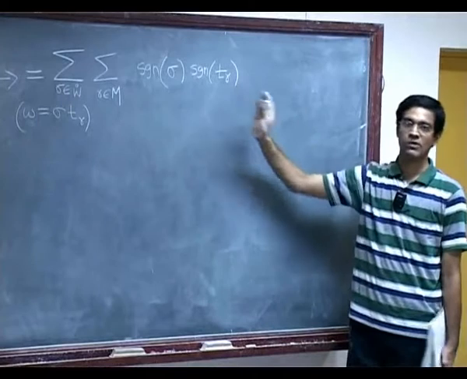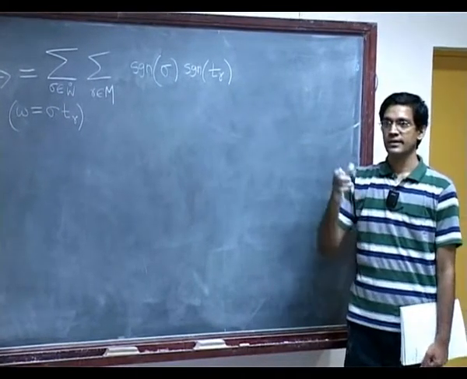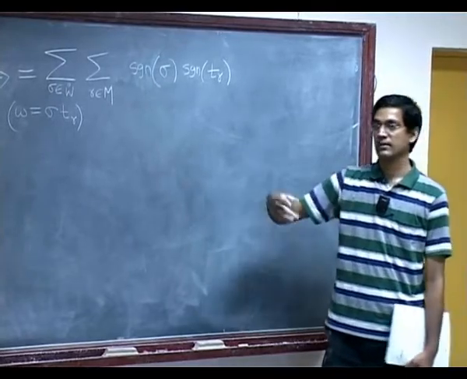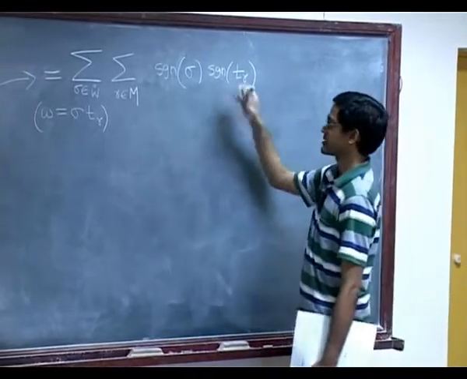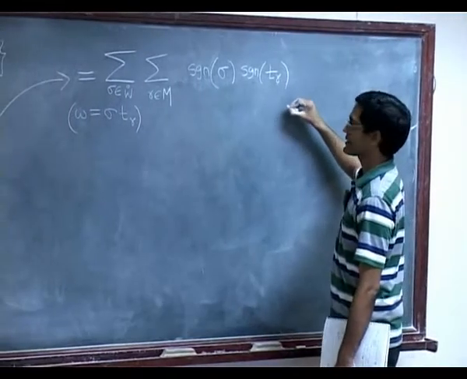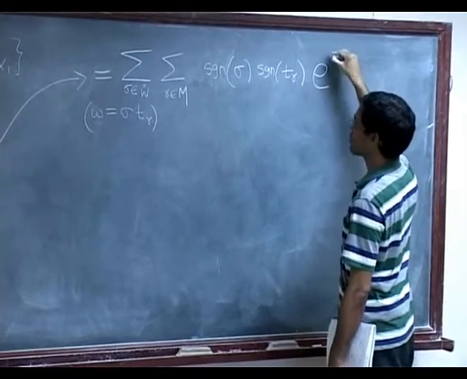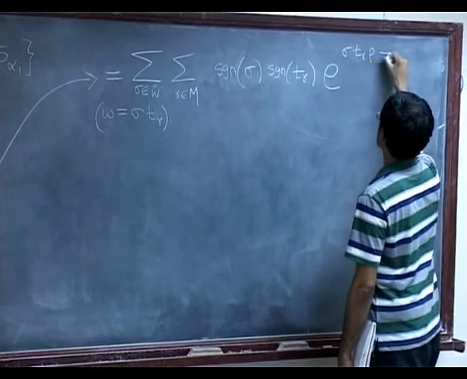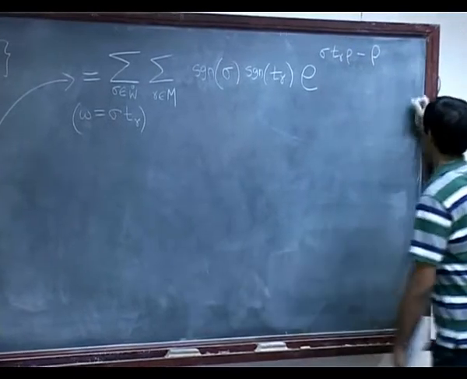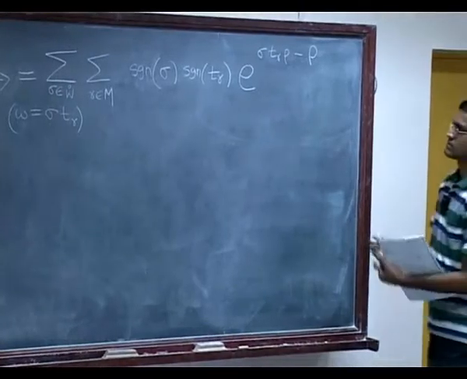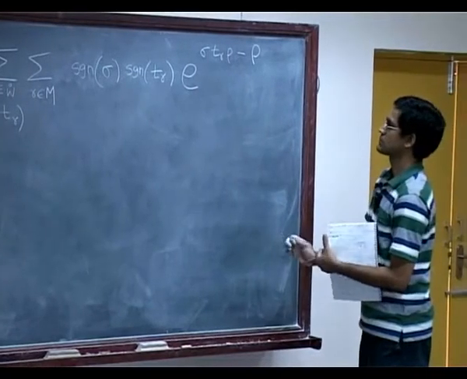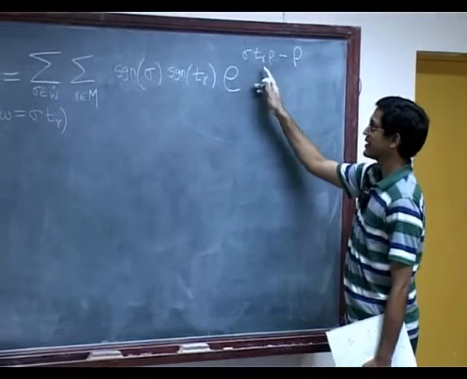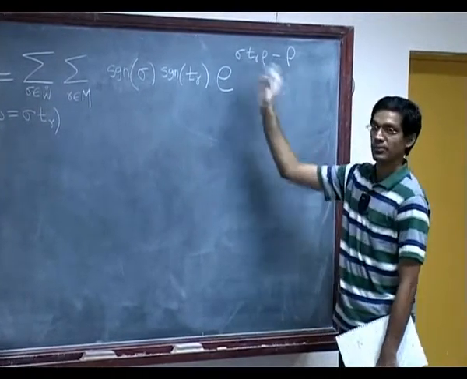It is nothing but the determinant of that map when you think of it as acting naturally on that vector space. So it is a homomorphism, and I can split it off like that, times e to the w rho minus rho, where w is sigma t gamma. So that is what I need to compute.